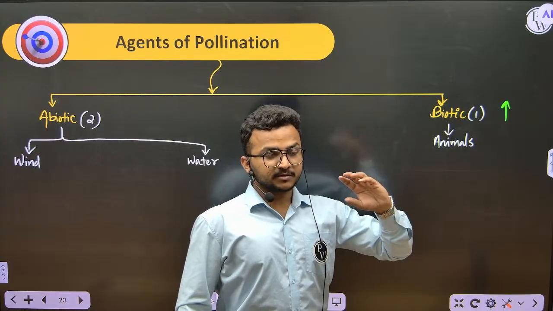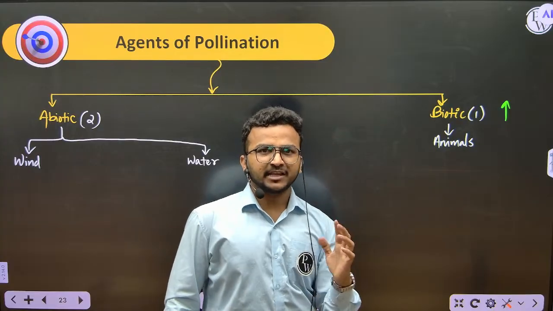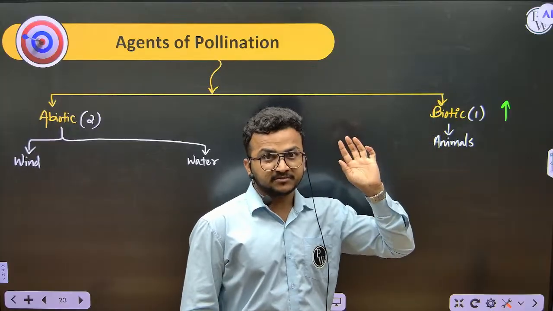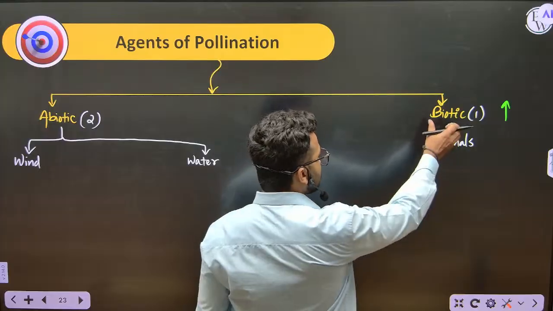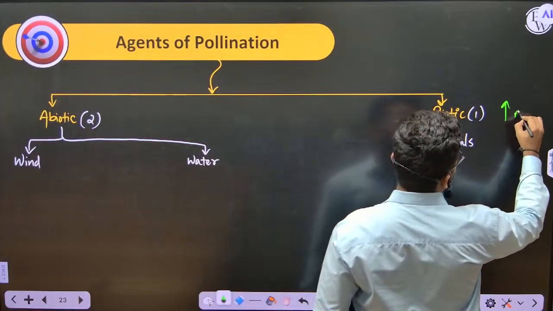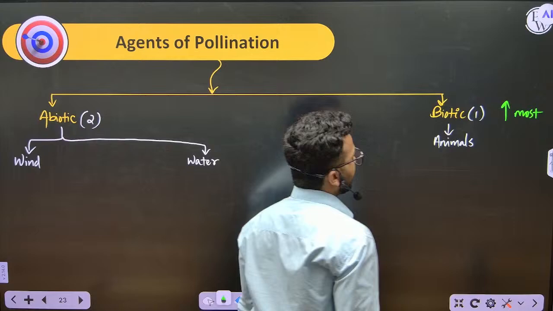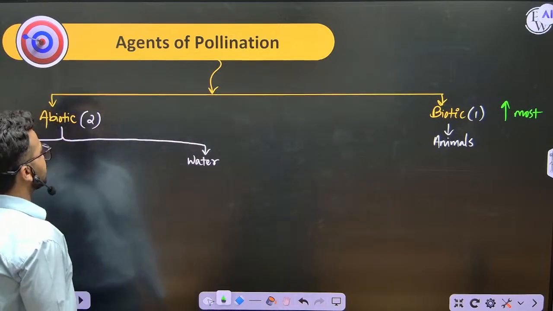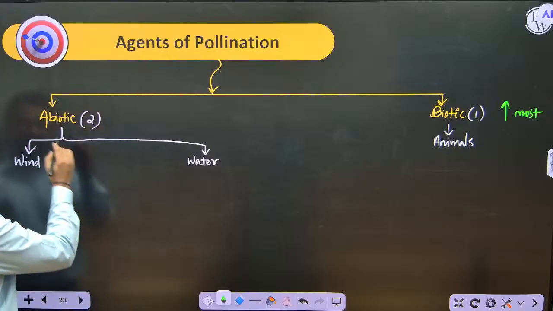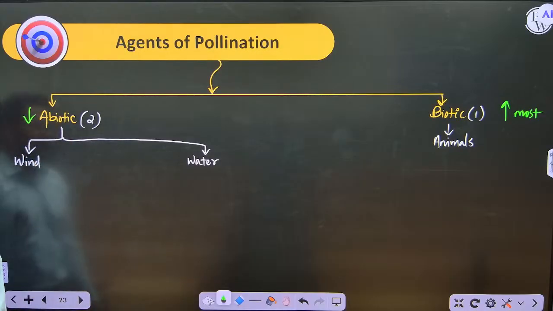It means the plants depend on living things only, that is animals, which favor them in pollination. So most of the angiosperms show biotic pollination, dependent on biotic agents. Abiotic is comparatively less.